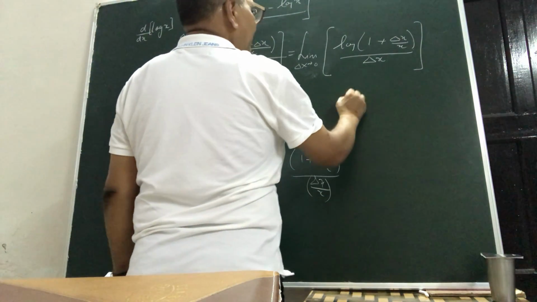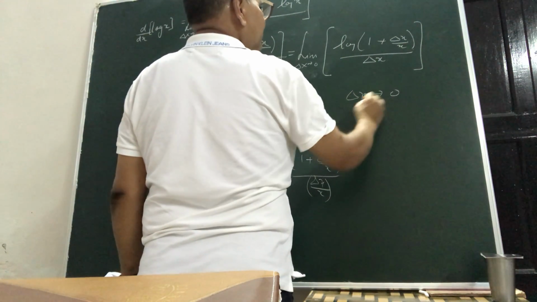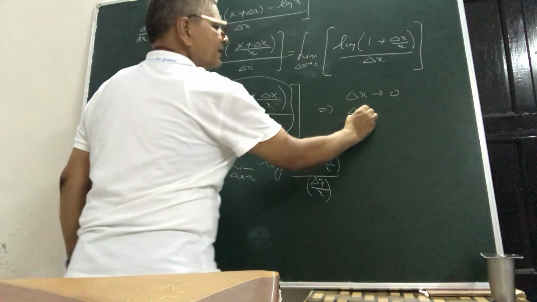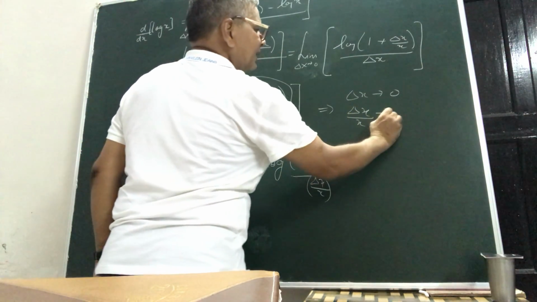Now when delta x tends to 0, this implies delta x upon x also tends to 0.